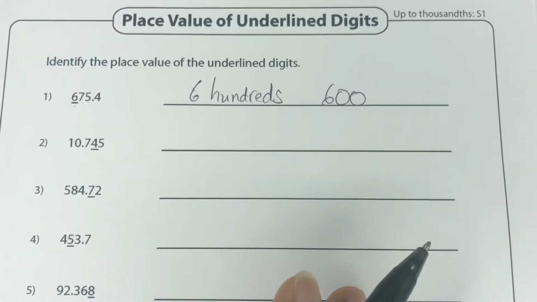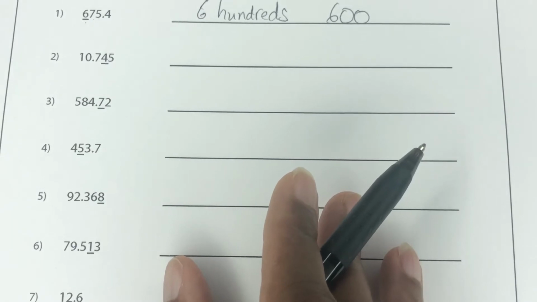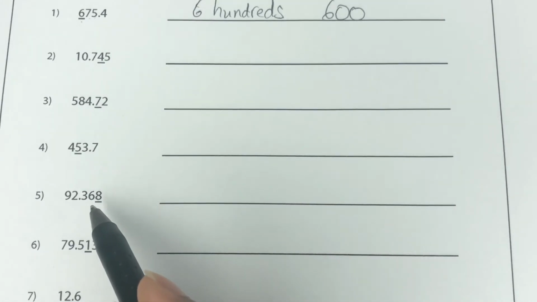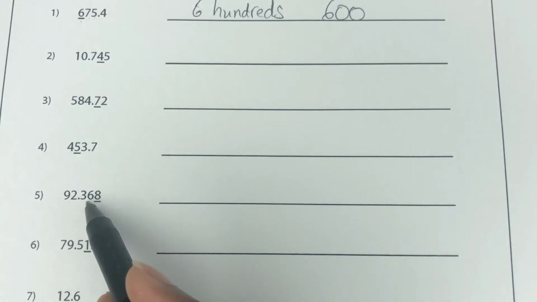Now, if you are going beyond, I'm going to be jumping some of these questions. So say, for instance, question 5, you have 92.368. What is the value of this underlined digit? So after the decimal place, you would have to remember you have your tenths place, which is the first position after the decimal. Your hundredths place is the second position after the decimal.